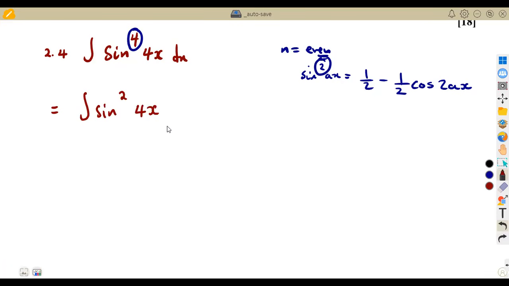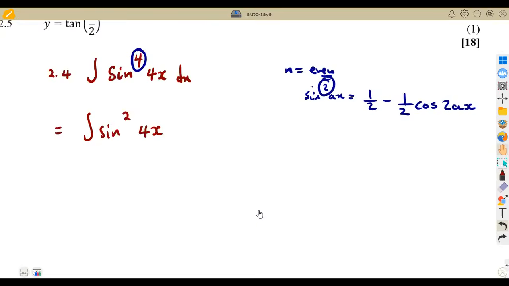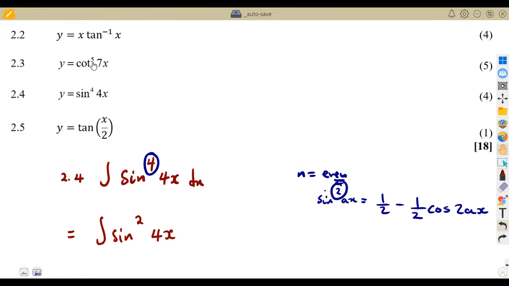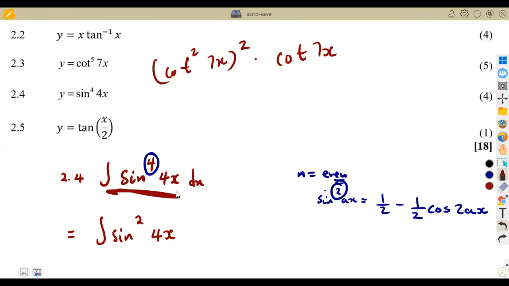Now I want you to be careful. We had a cot earlier, and I said cot is not like cos or sine, where you can write cot to the exponent of 7x like this, then to the exponent of 2 times cot 7. You remember I was talking about this. Now it's an advantage because we have got a sine.